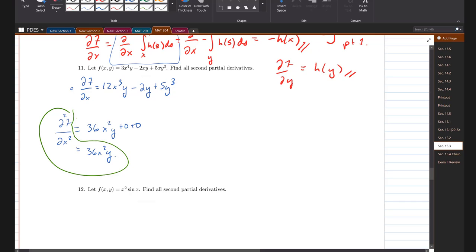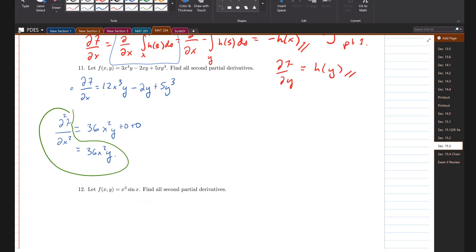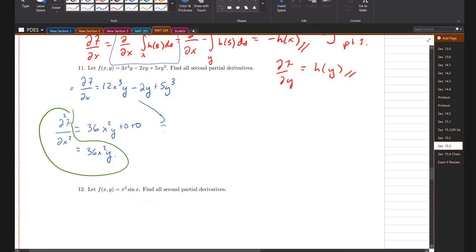Okay? But also from this first partial, I can also go calculate partial squared f what? What's the order, folks? I've already done partial x, but I could take the partial of that with respect to y.